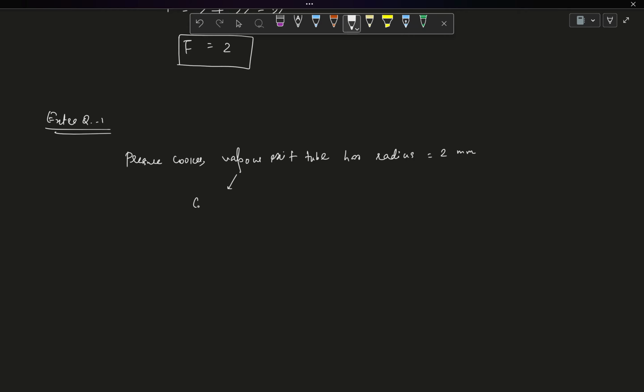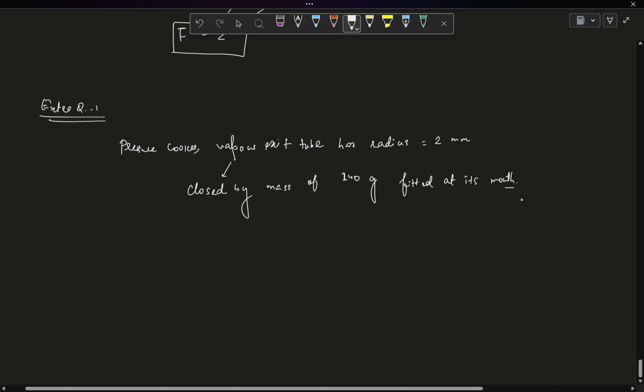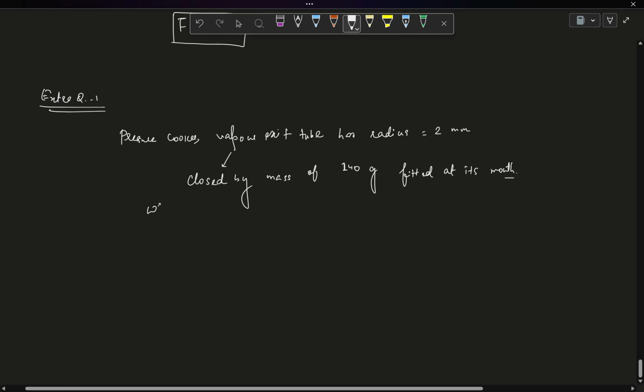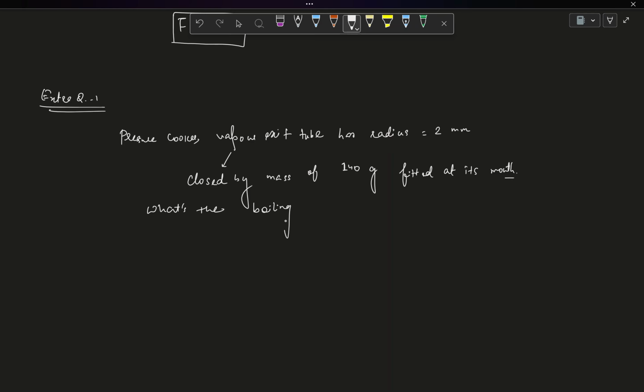So this tube is closed by a mass of 140 gram fitted at its mouth. So what is the boiling point of water inside that cooker? What's the boiling point of water which is inside the pressure cooker?